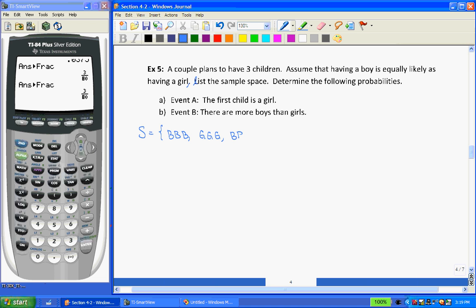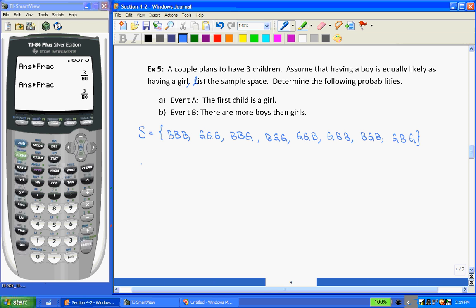So maybe boy, boy, girl, and boy, girl, girl, girl, girl, boy, and girl, boy, boy, boy, girl, boy, and girl, boy, girl. So there are 8 possibilities. There's 8 events in our sample space.